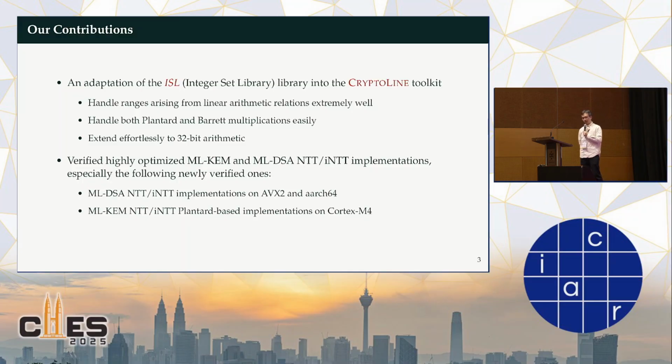The ISL library handles ranges arising from linear arithmetic relations extremely well. With ISL, we can verify both Montgomery and the Barrett multiplication easily, and we can also extend this to 32-bit arithmetic effortlessly.